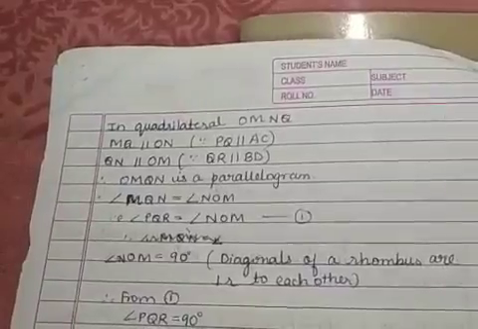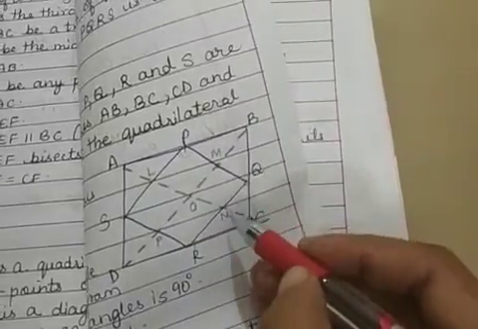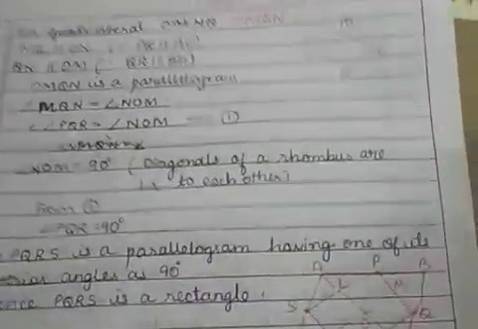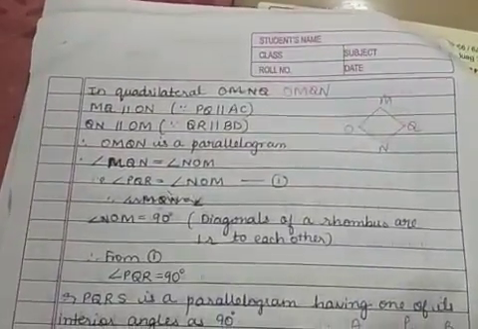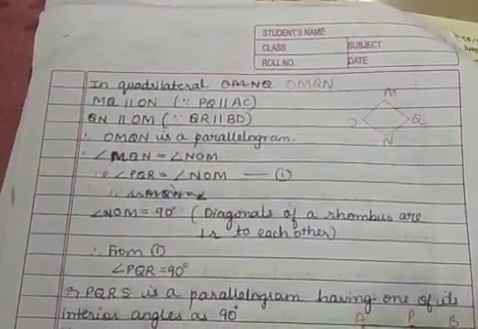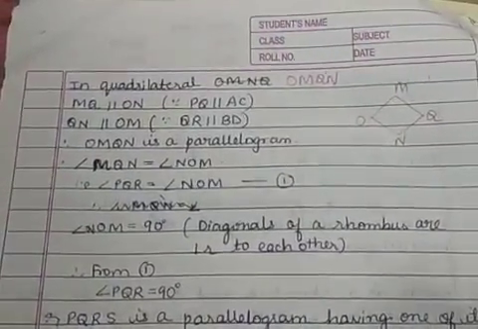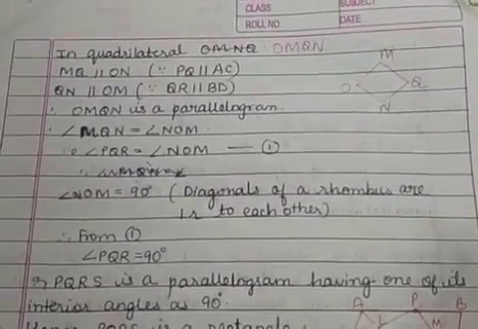So what we are going to do is take the quadrilateral OMQN. In quadrilateral OMQN, what we know is that MQ is parallel to ON. What is the reason? We know PQ is parallel to AC, correct?